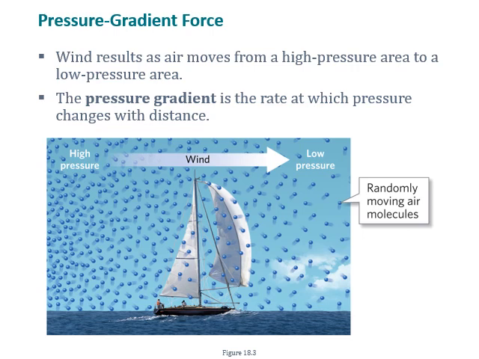As those molecules try to escape to a less densely packed area on the right, or an area of low pressure, that movement of molecules is wind. So this wind is pushing the sailboat from left to right.